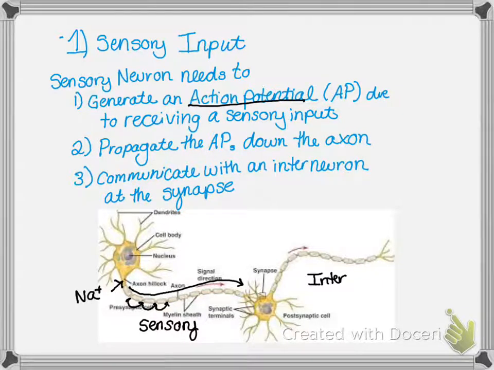So that saltatory conduction is going to result in fast communication down the axon. At the end of the axon, we have the synapse. The synapse is where the sensory neuron will come in close contact with the interneuron, and through the release of neurotransmitters, we'll be able to communicate a message to the interneuron.